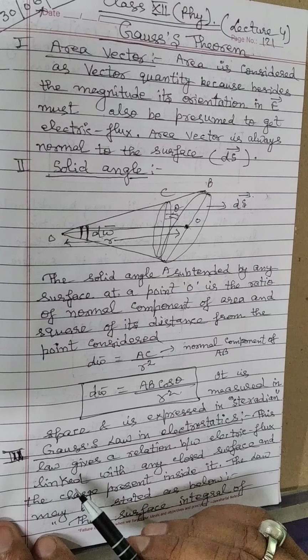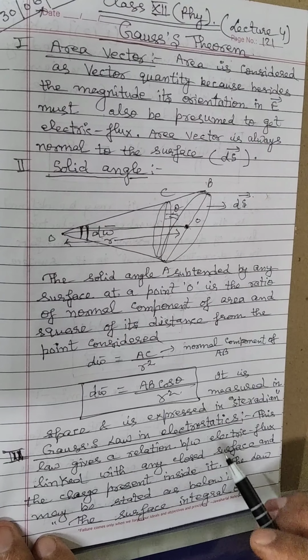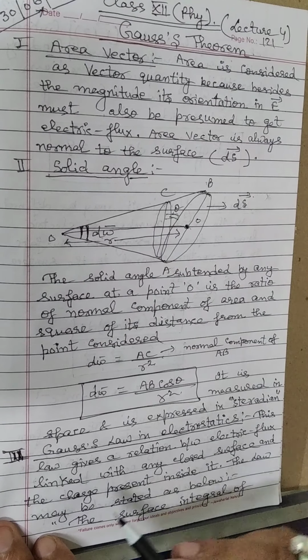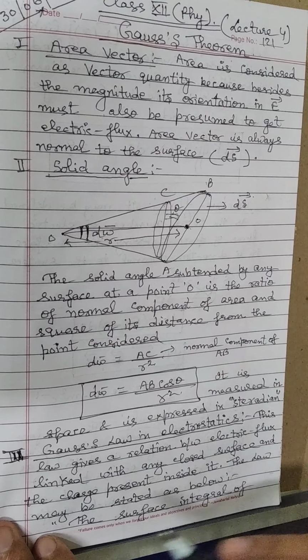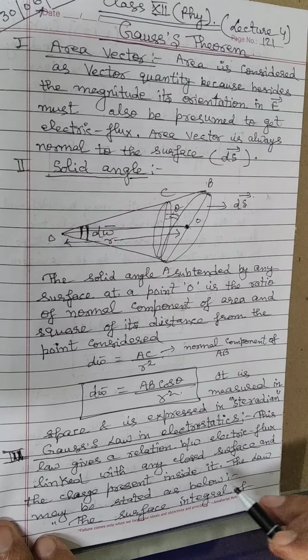This law gives a relation between the electric flux linked with any closed surface and the charge present inside it.